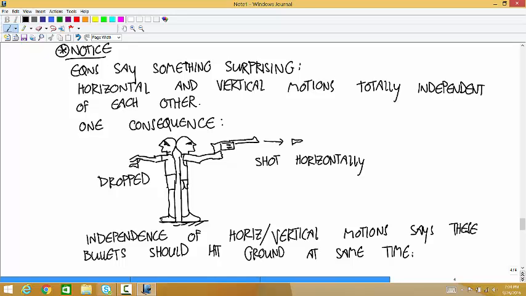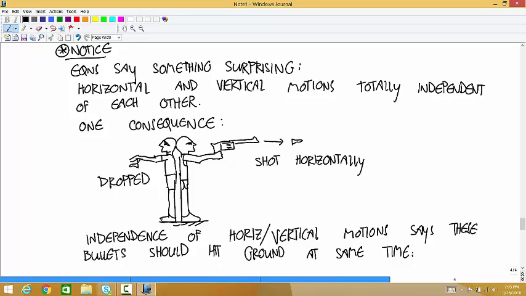In other words, this bullet that's shot horizontally is going to drop vertically without knowing anything about its really high horizontal speed. You know what I mean? It doesn't know about that. The motion vertically is totally independent of that horizontal motion. So that seems impossible, but it's actually how it works.